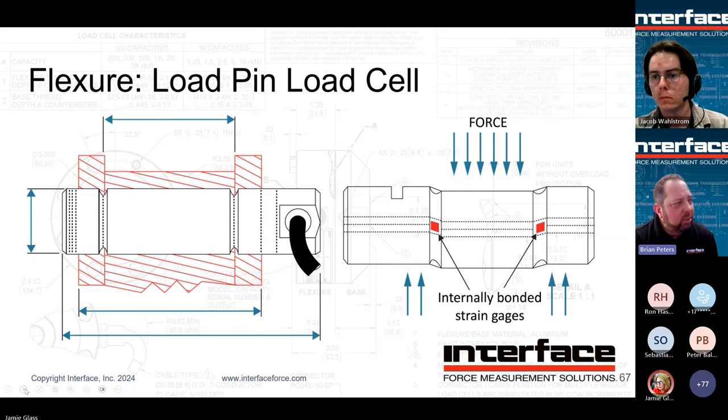But the important thing to note here is that the flexures are very sensitive to how they're loaded. So on the left there is a good depiction of what we would recommend for good performance. We don't want to bend a load pin. We want to keep it in double shear. So that means that the reaction surfaces, as depicted by those outer 2 elements, want to be tightly controlling not only the diameter aspect, but also the interface to the middle loading section.